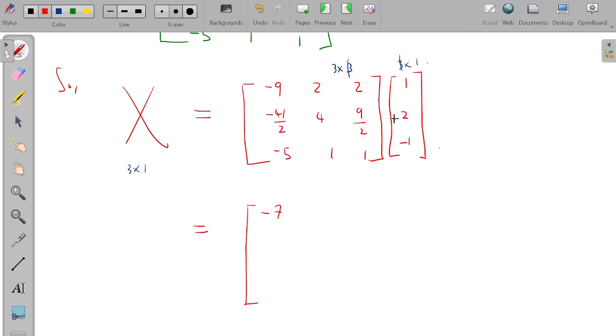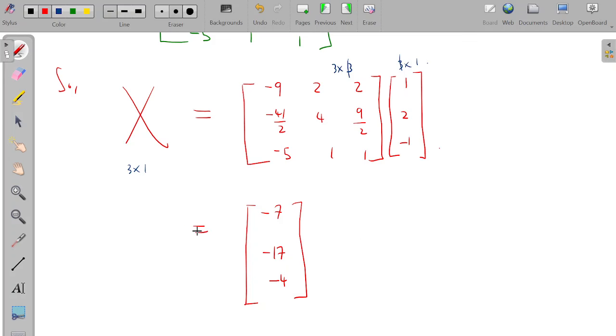This is 8. This is 9 over 2. If you do the arithmetic, you are going to be getting minus 17. This multiplied by this is negative 5. This is 2. This is negative 1. If you do the arithmetic, you are going to be getting negative 4.